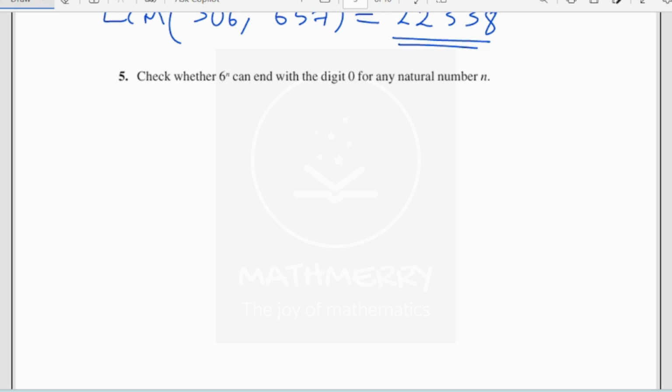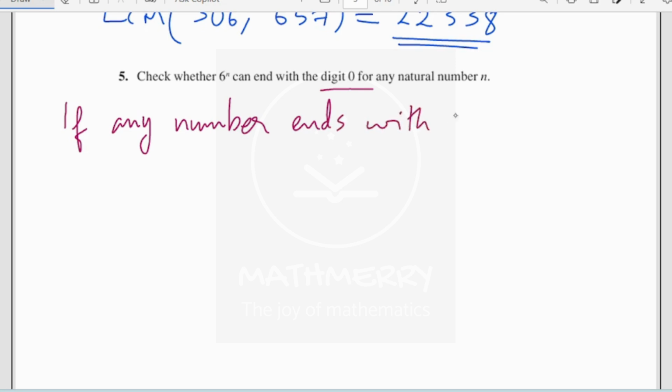Here 6 raised to n is given. First of all we need to know whether the number ends with 0. For that, the basic thing we should know is that if any particular number ends with the digit 0, then it should be divisible by 10.